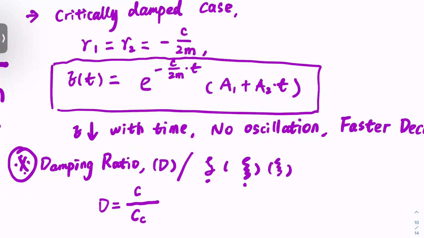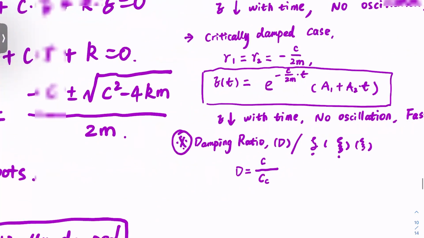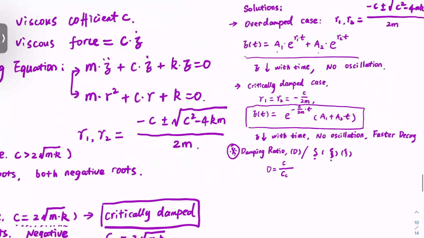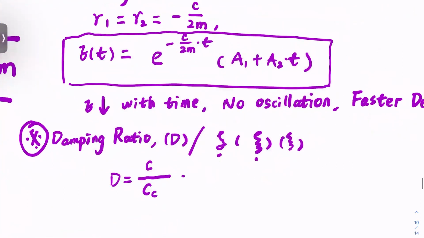And do you still remember C sub C? We talked about C sub C a little bit, right? And C sub C is 2 times the square root of mk. So your damping ratio is essentially your C value over 2 times the square root of mk.